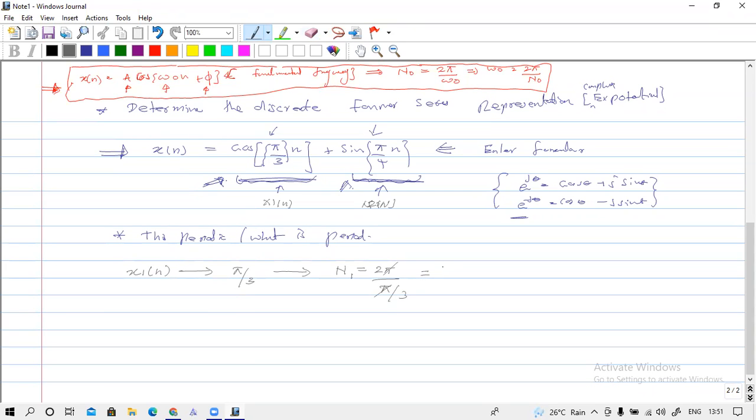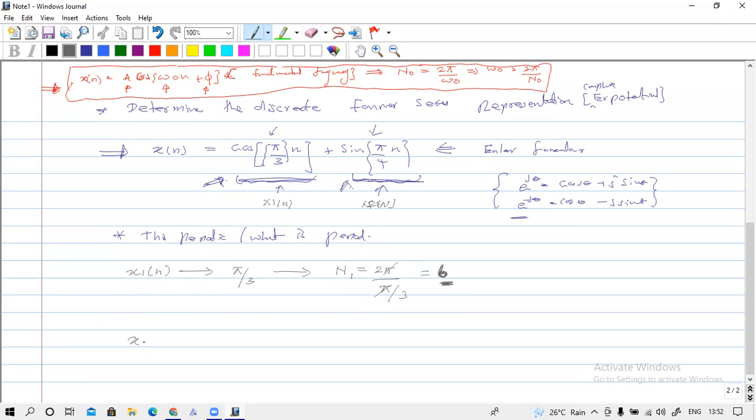So N1 is 6. So for this signal, this is the fundamental period. It is a number of samples. In a continuous time signal, this is time in seconds, but here it is a number of samples. So this is the first signal's fundamental period.